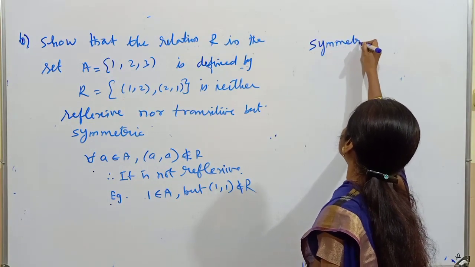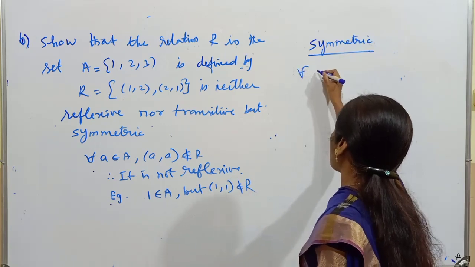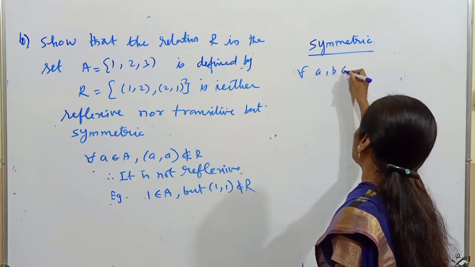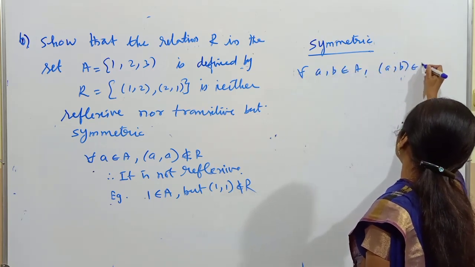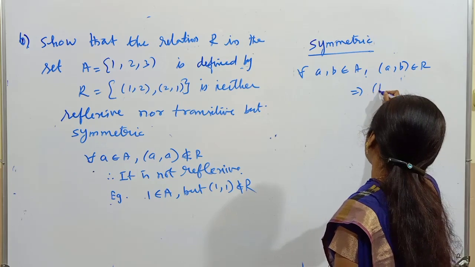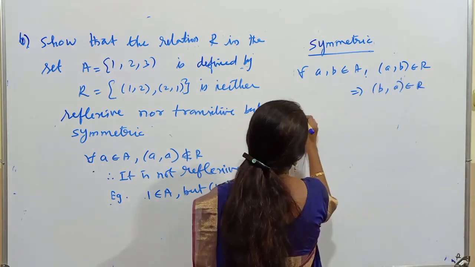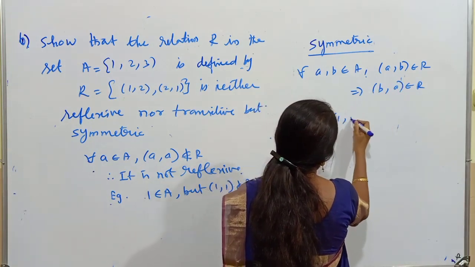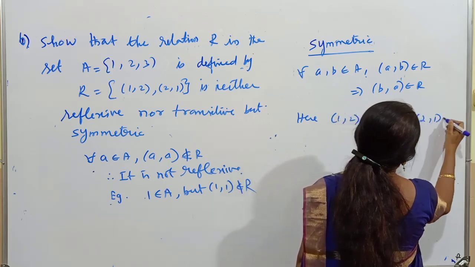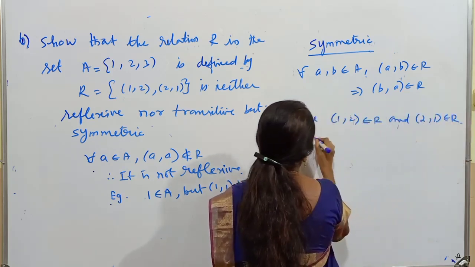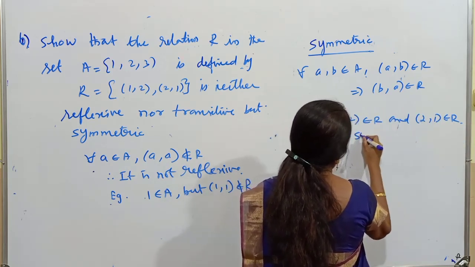You know that generally you can say for all a, b belongs to the set A, (a, b) belongs to R implies (b, a) belongs to R. So, here (1, 2) belongs to R and (2, 1) belongs to R. Therefore, it is symmetric.